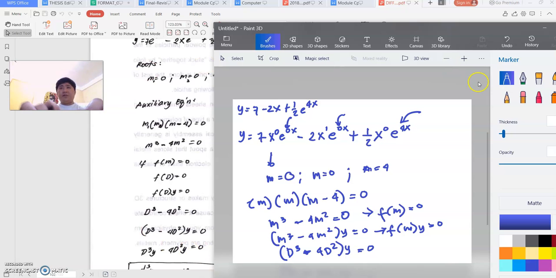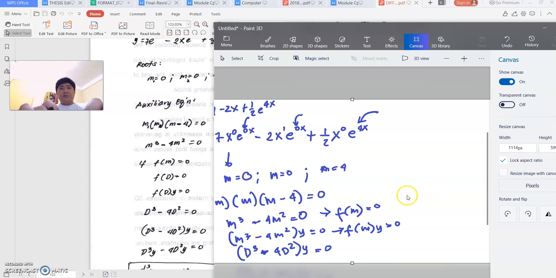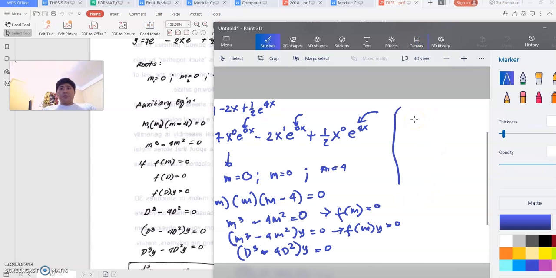Okay. So let me stretch this one. So from here, we multiply the y. So we have D cubed y minus 4D squared y equals 0.